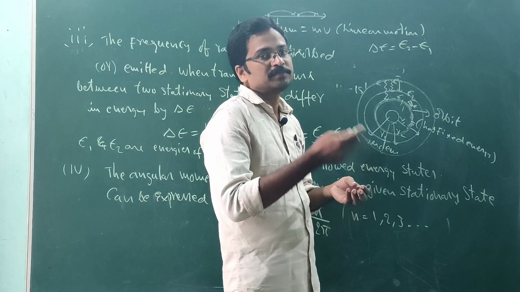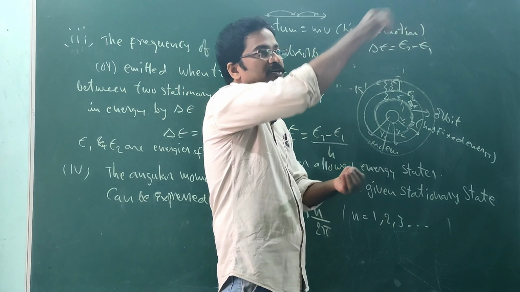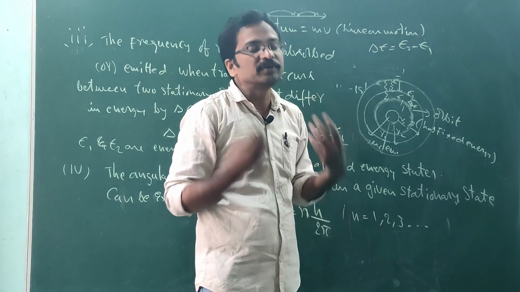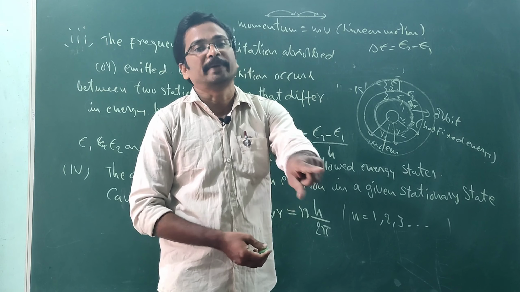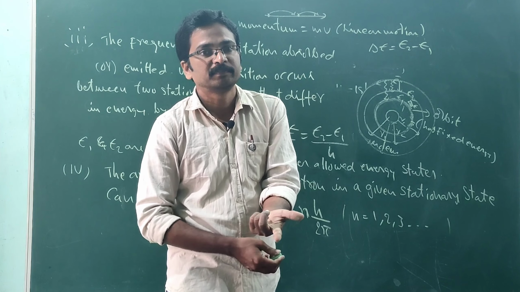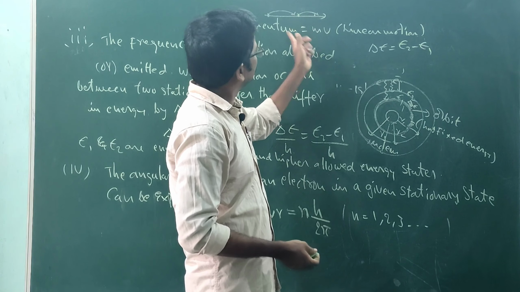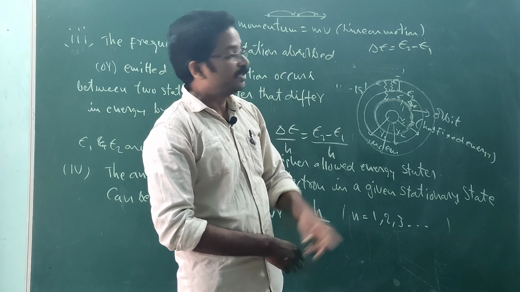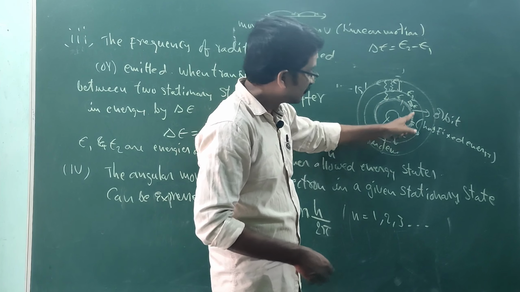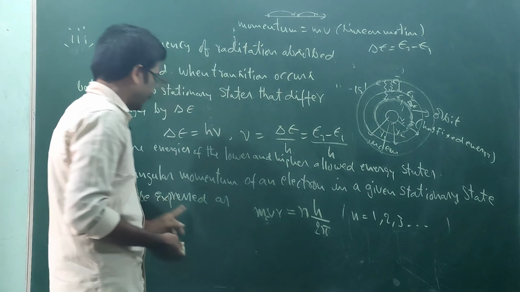Whenever the object moves around a circular path, then it contains angular momentum. Here there is no angle, so momentum is enough. Here there is an angle, and momentum with radius is known as angular momentum.